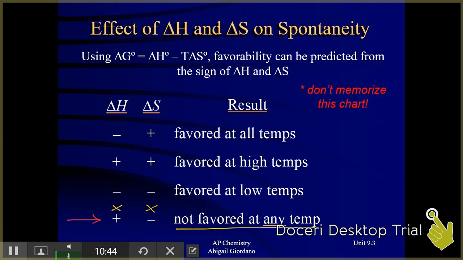Now, that doesn't mean that this is a reaction that can't occur. It just means that whatever this process is cannot occur without help. Like maybe we have to add heat to it to get it to go. So positive delta H, negative delta S is a process that will never be thermodynamically favored.